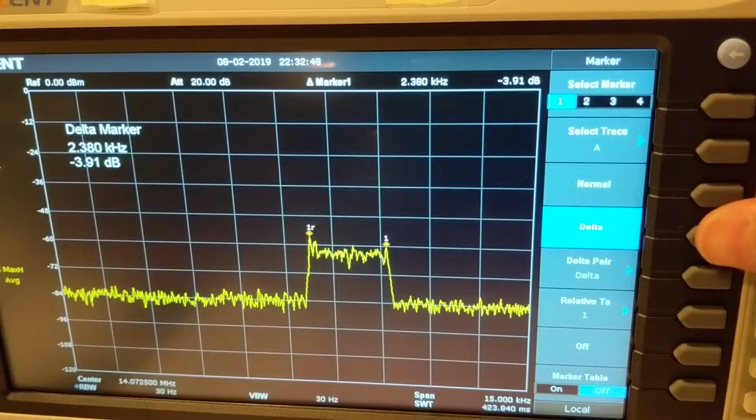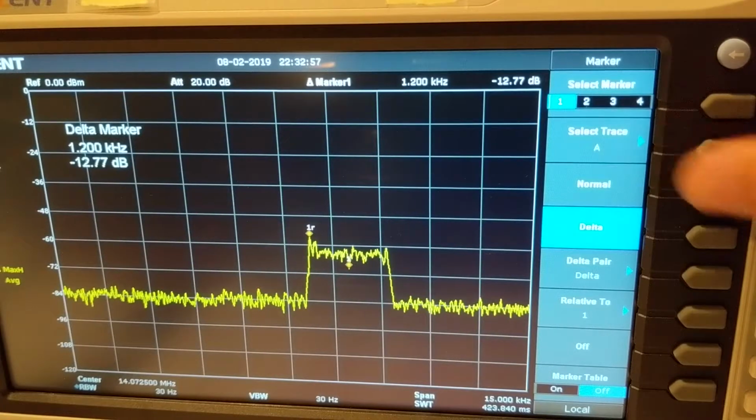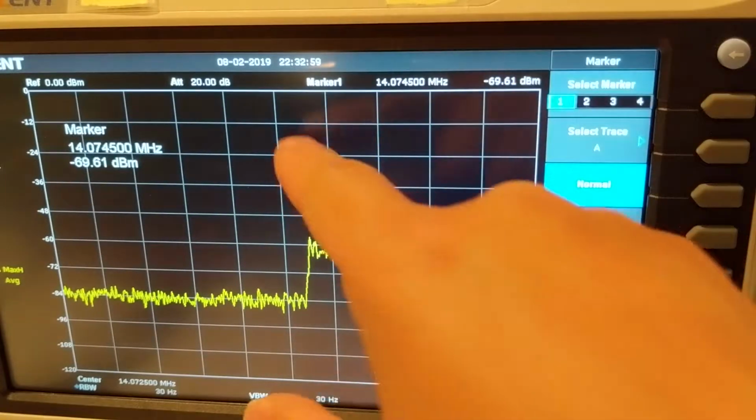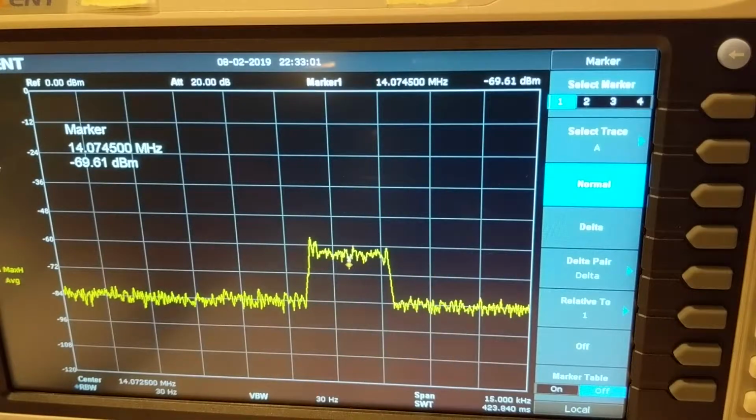Maybe some noise there. Now let's look at the center frequency. The center frequency is 14.0745.